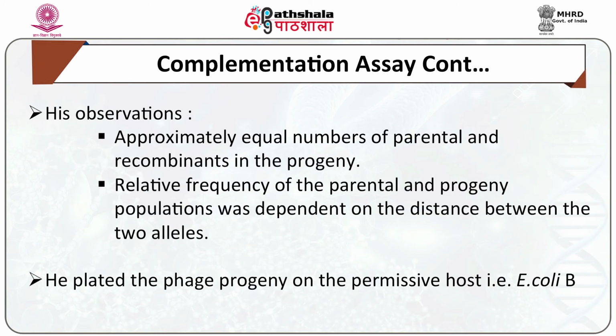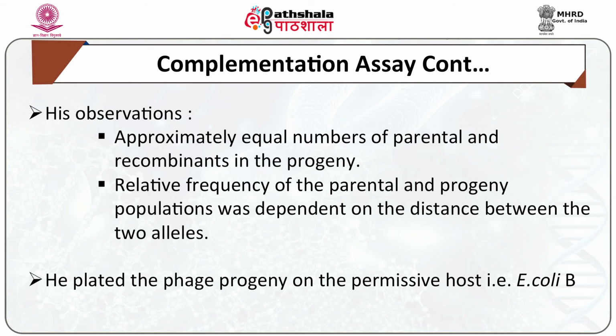His observation revealed approximately equal numbers of the parental and recombinant in the progeny. However, the relative frequency of the parental and recombinant progeny population was dependent on the distance between the two alleles.